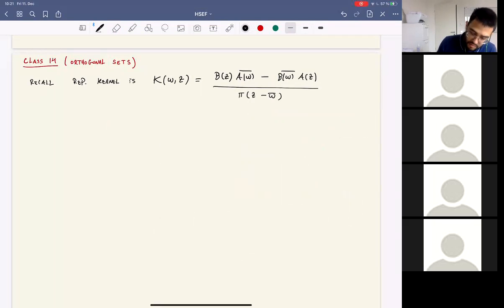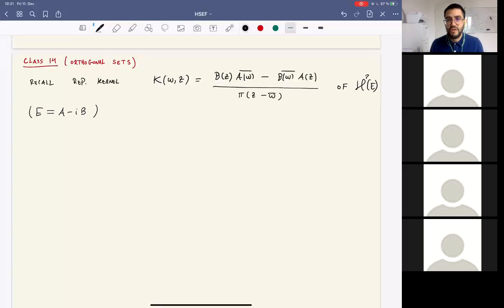And this was the reproducing kernel of H2 of E. And recall you always write E as A minus iB, where A and B are real entire functions, that is, real on the real line.